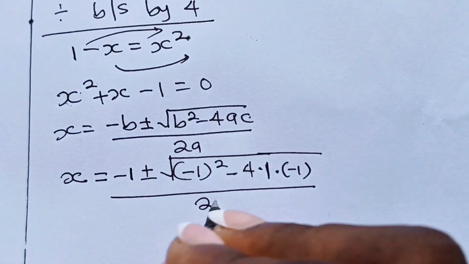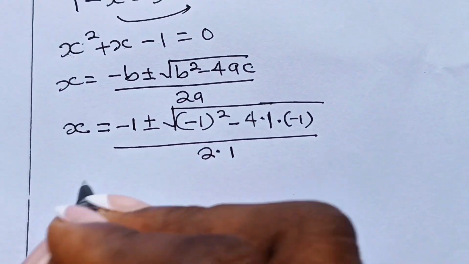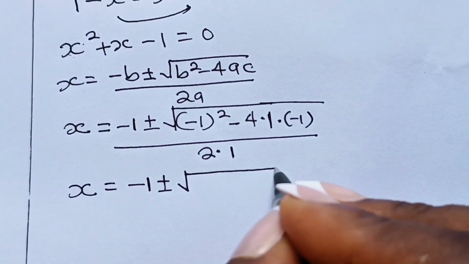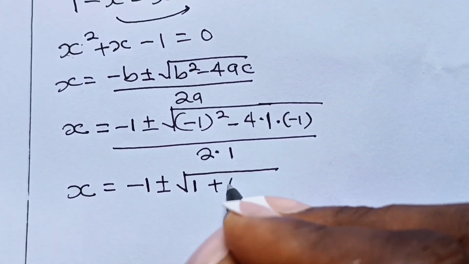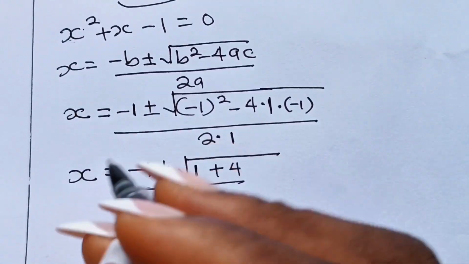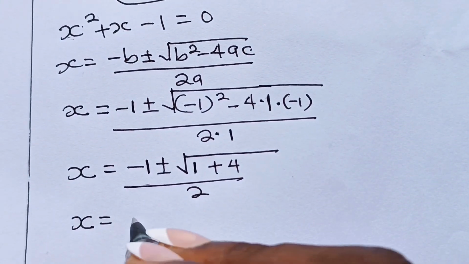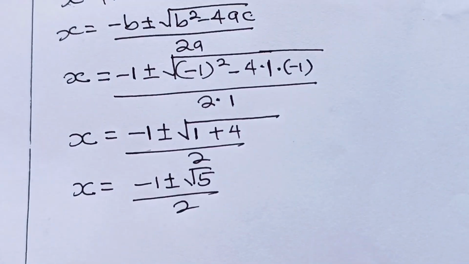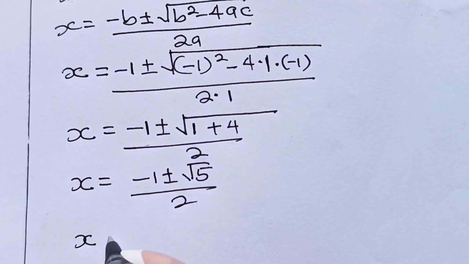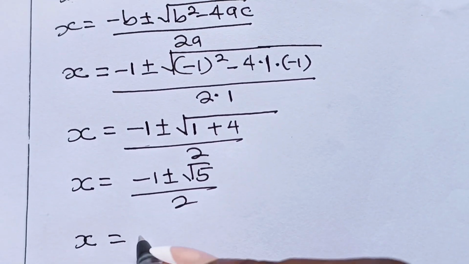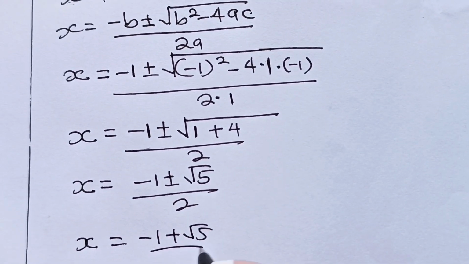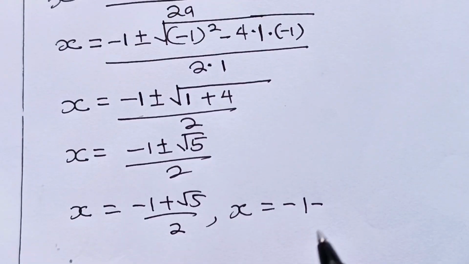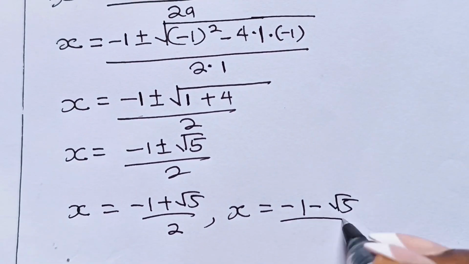Everything divided by 2 multiplied by 1. So we have x is equal to minus 1 plus or minus square root of 1 plus 4, everything divided by 2. So our x is minus 1 plus or minus square root of 5 divided by 2. So x has two values, which is minus 1 plus root 5 over 2, and x is also equal to minus 1 minus root 5 over 2.